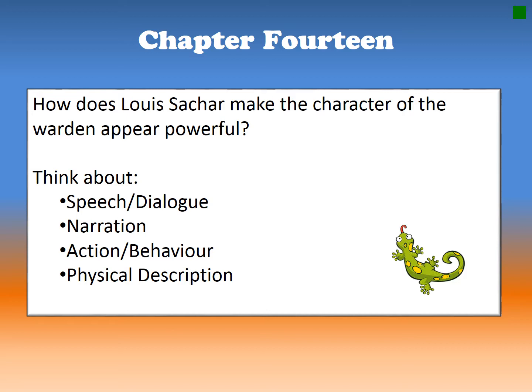Now, the warden, very ironically, is a woman, because most authoritative figures are generally men, especially in literature. So this is pretty cool. Think about the speech, the dialogue, narration, action, behavior, and the physical description of her throughout the novel. So this is another good thing for you to put into your notebooks. Whether you're in the class or you're outside of the class, you can write this down and then check with the teacher thereafter.